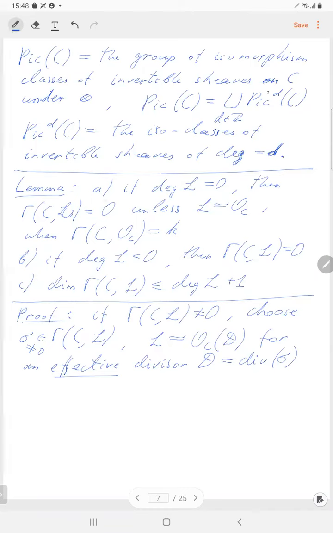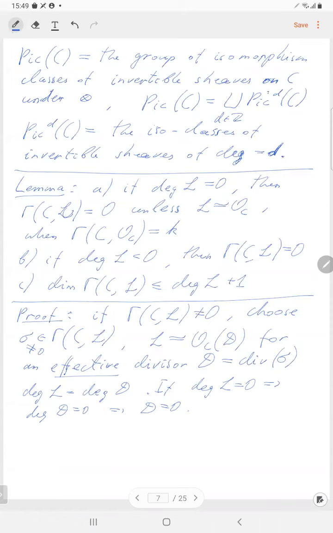Say in the first part of our lemma, the degree of L is the degree of D, and if the degree of L is 0, then the degree of D is 0. But since it's an effective divisor, we see that D is 0 itself.